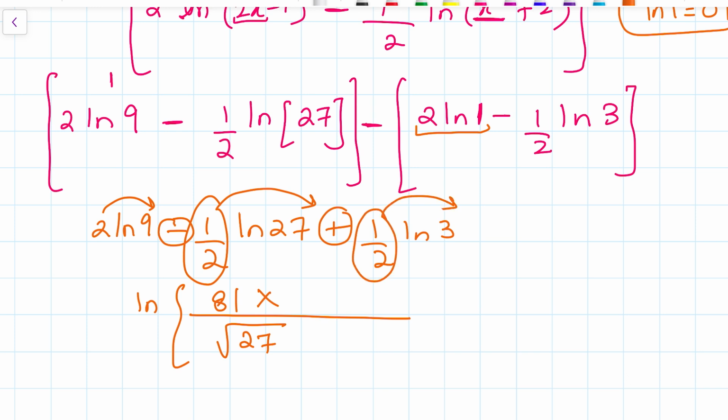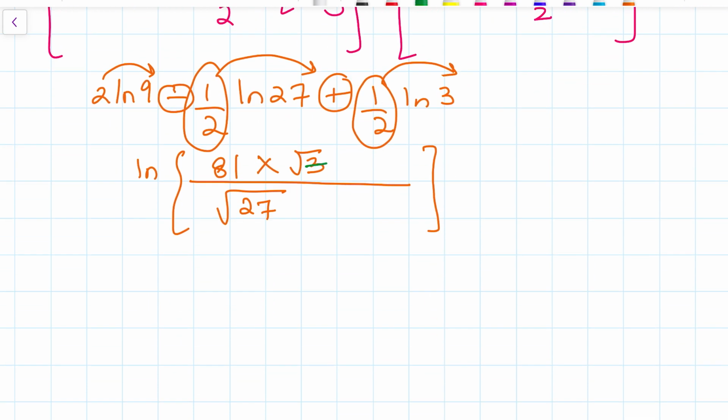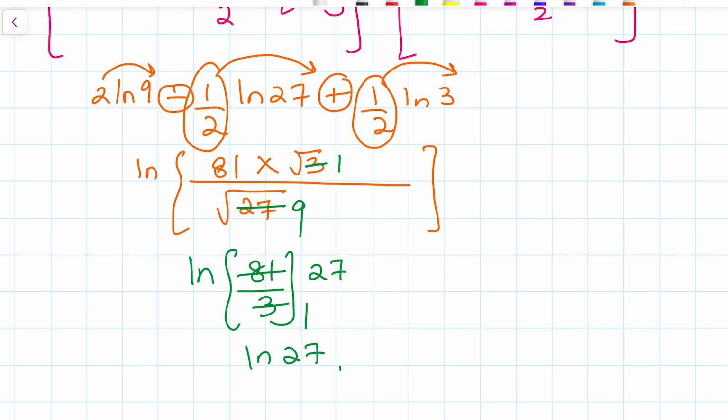This is square root 3. Now, 3 times 1, 3 times 9, and square root 9 is 3. 3 times 1, 3 times 27. So, ln 27 is my final answer. And they said that this is going to be an integer and I'm also getting an integer answer.